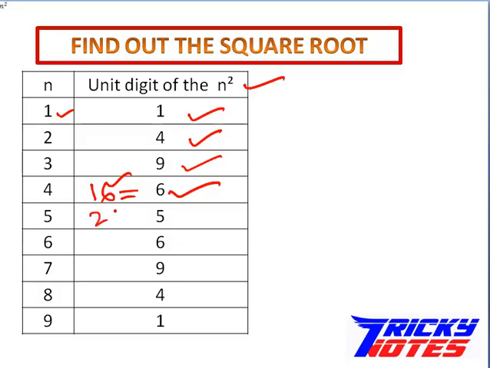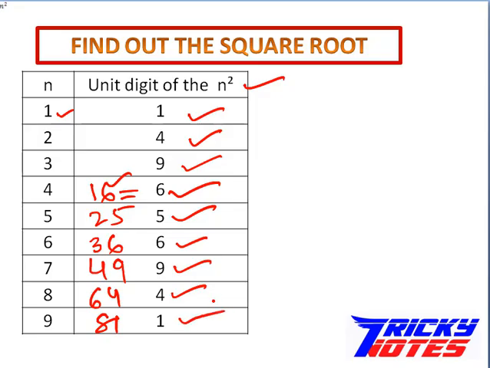The square of 5 is 25, the unit digit is 5. The square of 6 is 36, the unit digit is 6. Square of 7 is 49, unit digit is 9. Square of 8 is 64, unit digit is 4. Square of 9 is 81, so again the unit digit is 1.